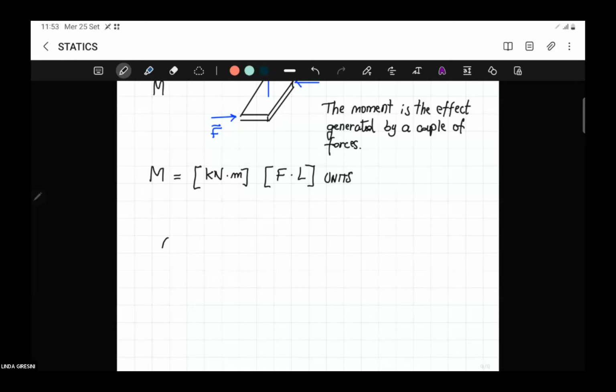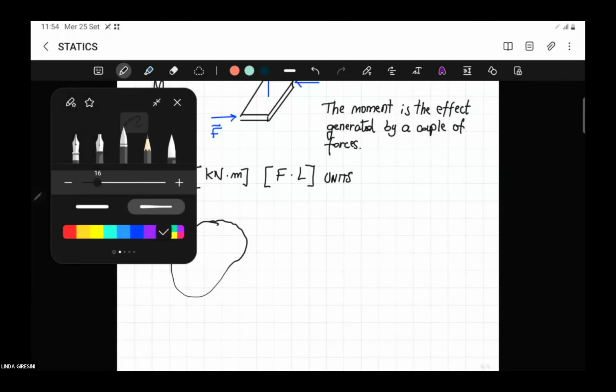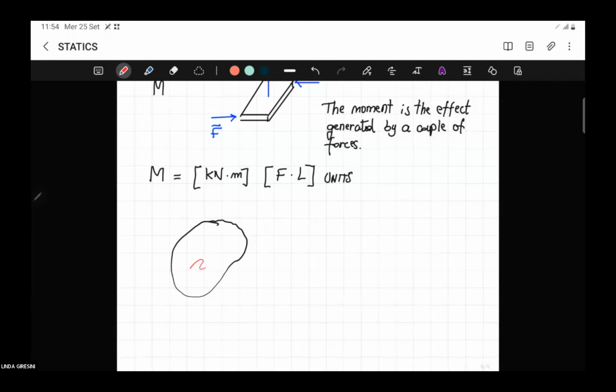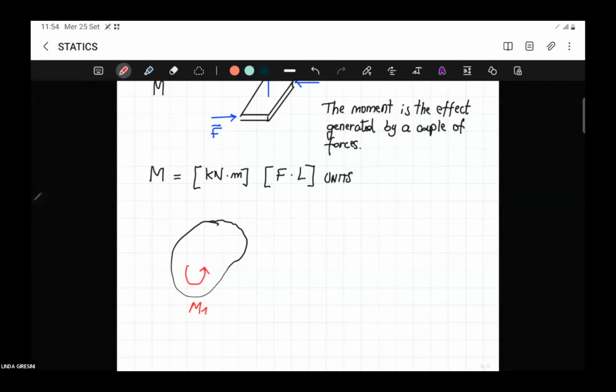So if we have a body, a rigid body, of generic shape, and we have two moments, for example, M1 and M2.